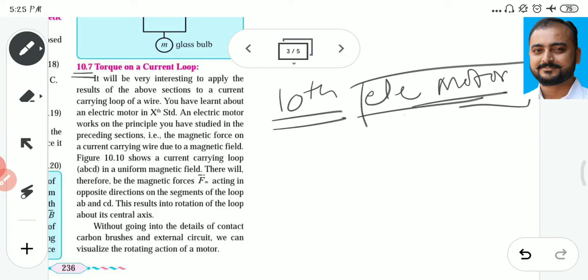The magnetic force acts on a current carrying wire due to the magnetic field, and this will rotate the loop.